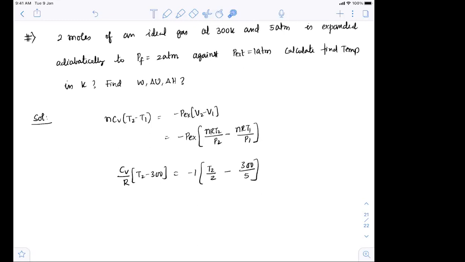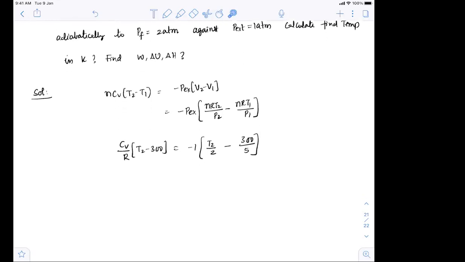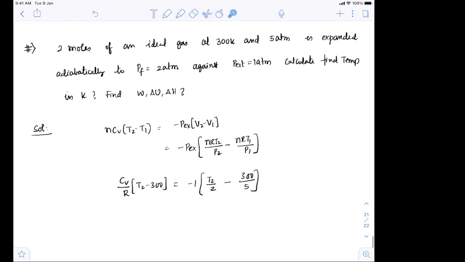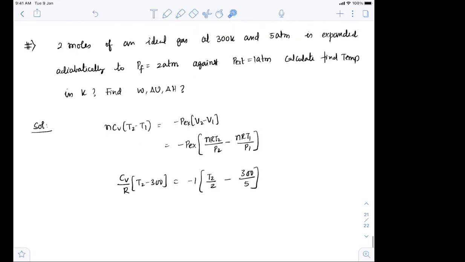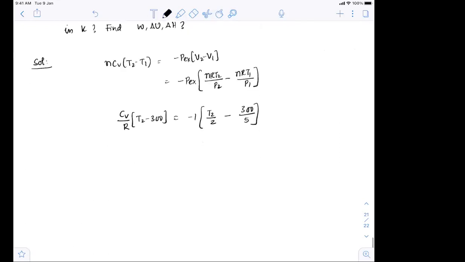I did not mention it is a monoatomic gas; I should have mentioned it. Let me write down: 2 moles of monoatomic gas. Since it is monoatomic, you know that CV will be 3R by 2.